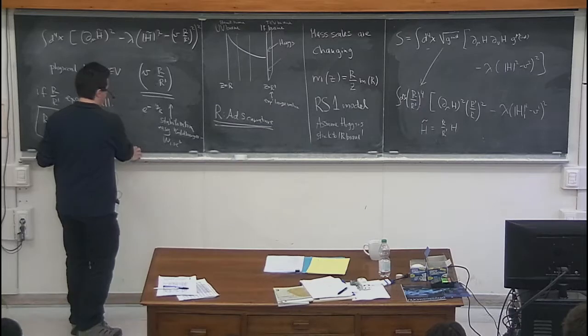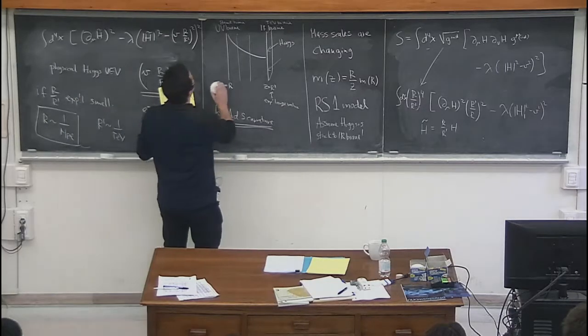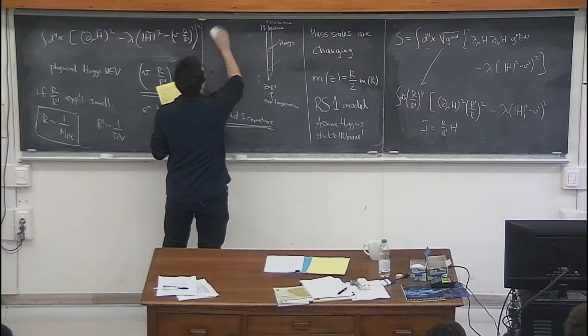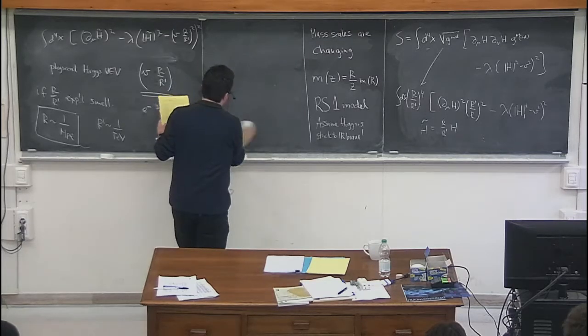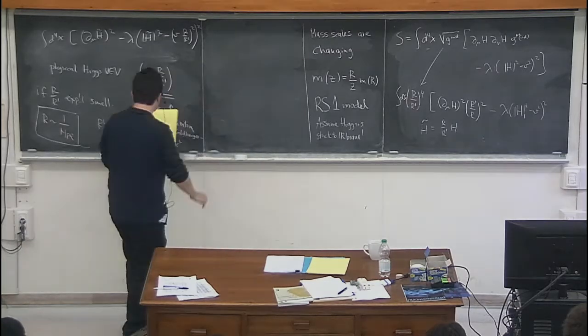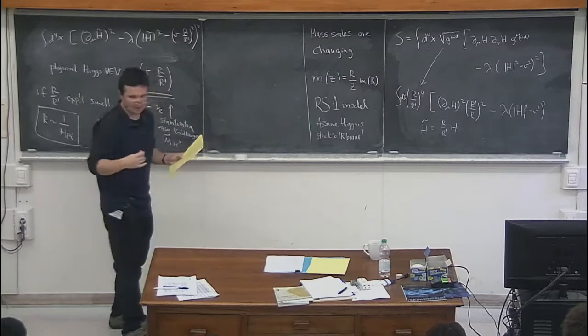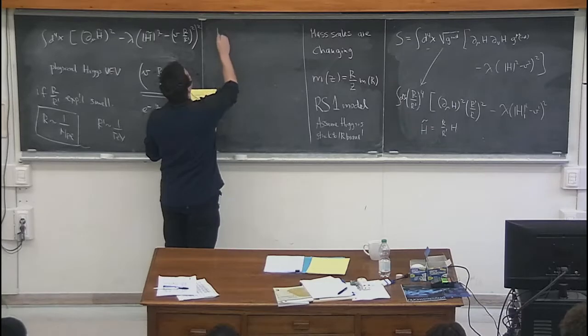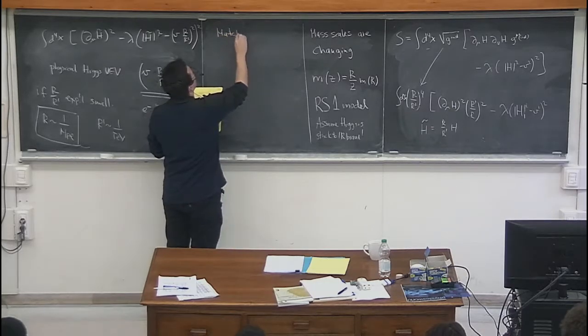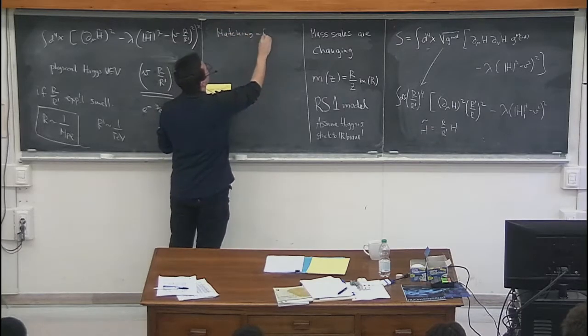So you can go ahead and try to calculate what now the matching of the 5D to the 4D Planck scales is, the matching of the gravitational interactions.